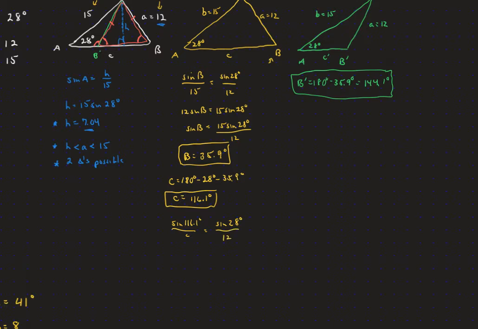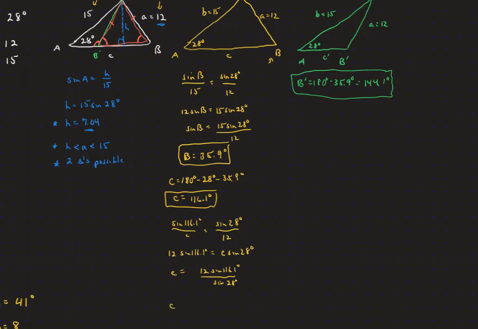So cross multiplying, we have 12 sine of 116.1 is C sine of 28. So C is going to be 12 sine of 116.1 divided by the sine of 28.